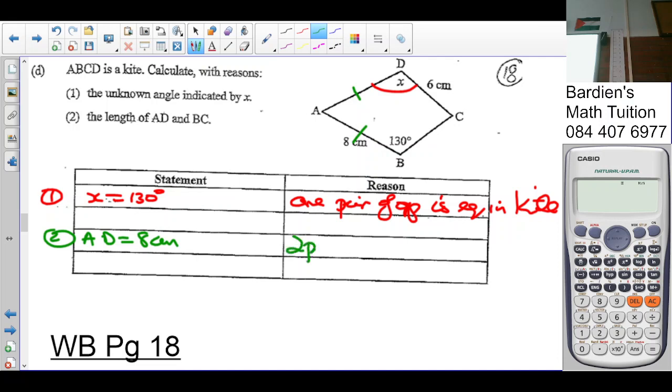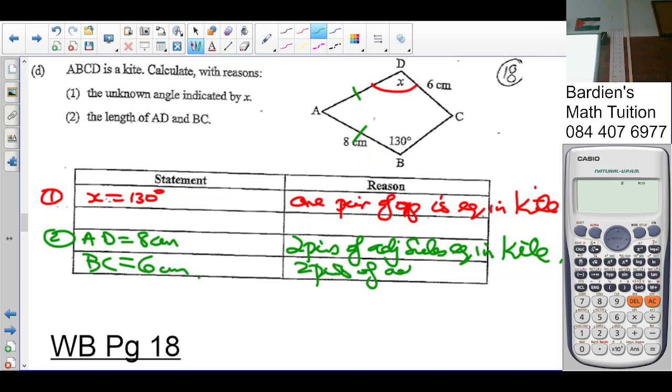Two pairs of adjacent sides equal in a kite. Right, next, BC. BC is 6 centimeters. Why? Two pairs of adjacent sides equal in a kite.